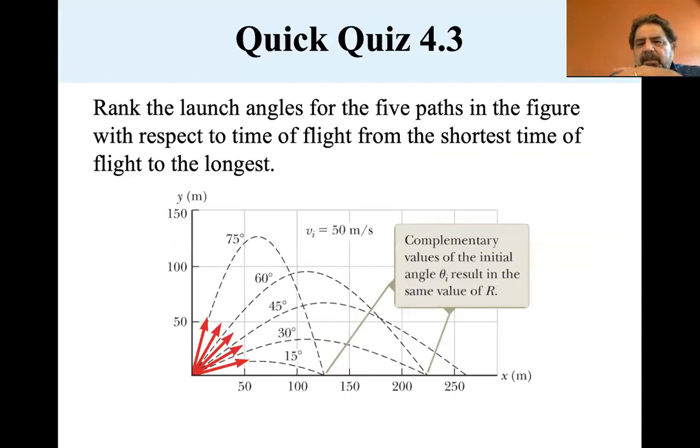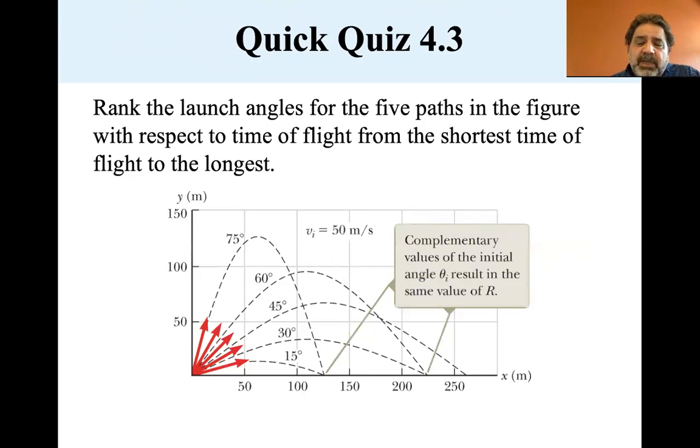At low angles, your horizontal velocity is very fast, but you're spending very little time in the air. At steep angles, you're spending a lot of time in the air, but your horizontal velocity is very slow, so you're not going very far.